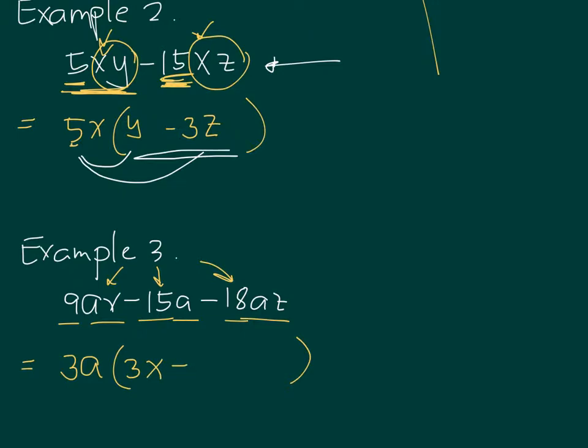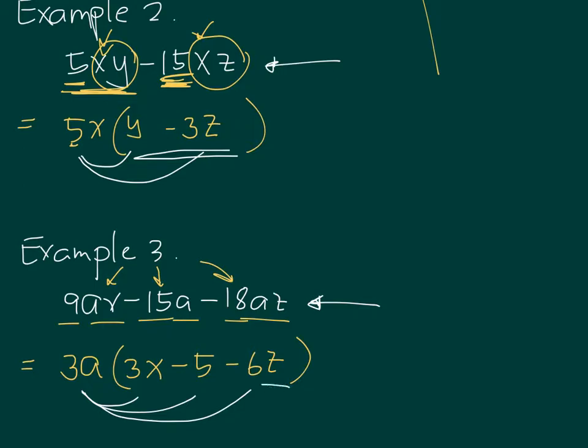The second as 5. And then the last as minus 6z. Again, you can always check if your factoring is correct. If you distribute 3a to 3x minus 5 minus 6z, you should get the given expression.